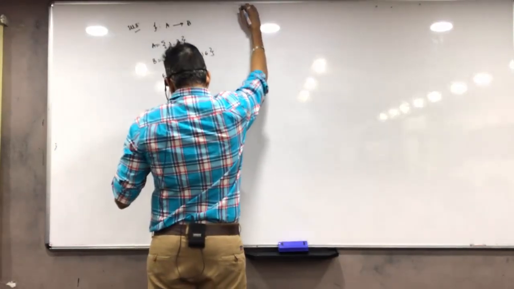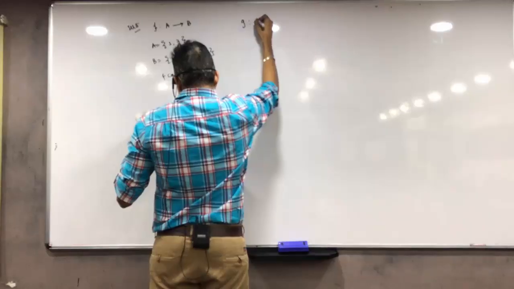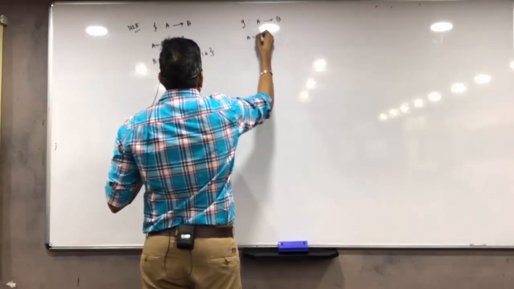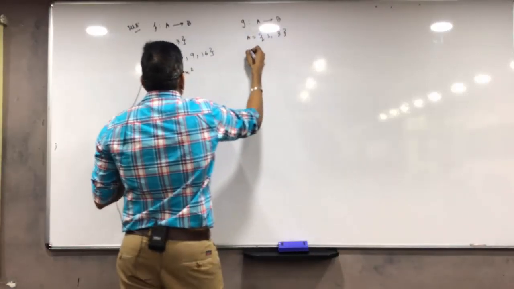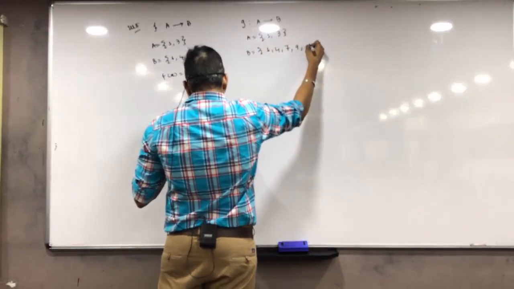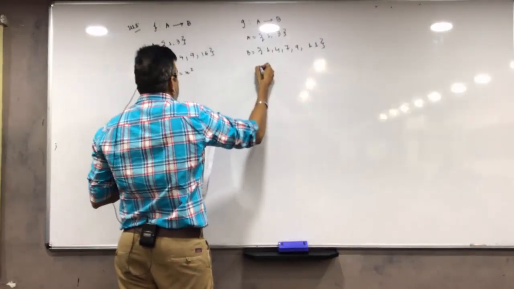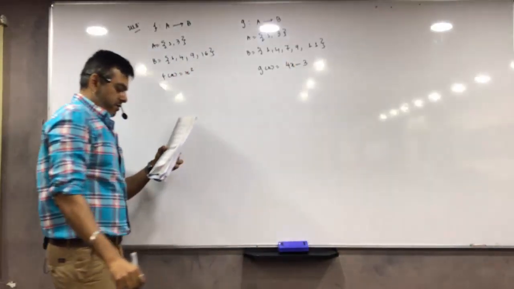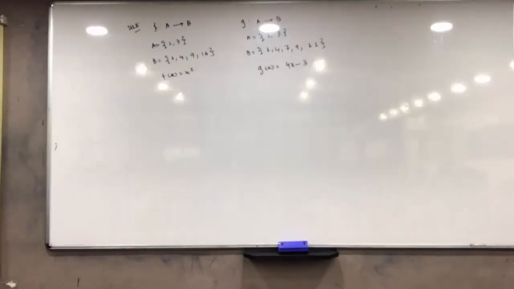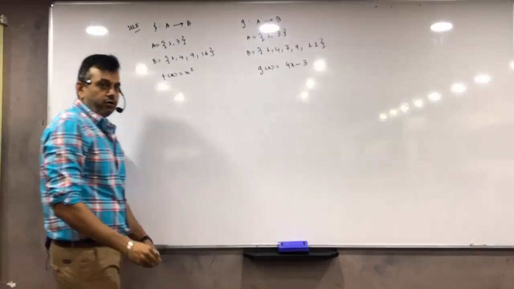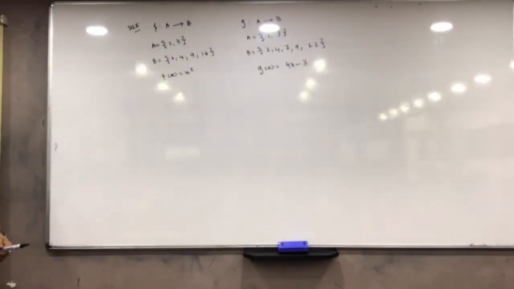And here another function g, where set A to set B, where again A is equal to {1, 3} and B is equal to {1, 4, 7, 9, 11}. g of x is equal to 4x minus 3. Now see, normally if we see these two equations, they don't look similar. Okay, so we need to find out are they equal or not.